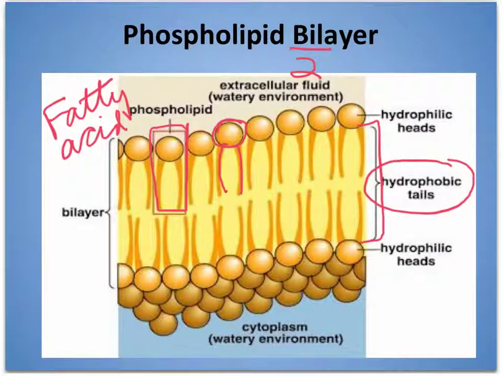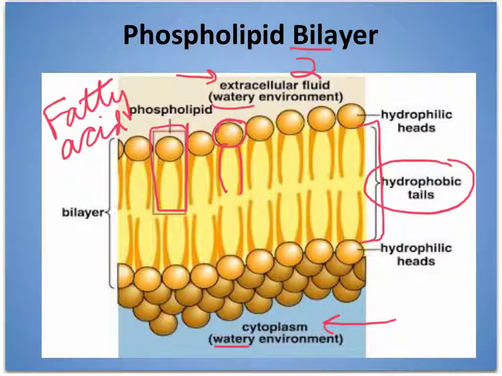And they end up pointing to each other inside the cell membrane because the outside of the cell membrane, the extracellular part, and the inside of the cell itself, the intracellular part, or the cytoplasm, both of those are watery environments. Remember our potato experiment.